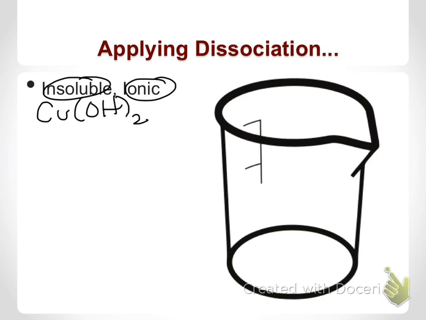I want to make my copper blue, because most copper compounds of the +2 variety are blue. And then the OH twice. Let's make our oxygen orange again, and our square.